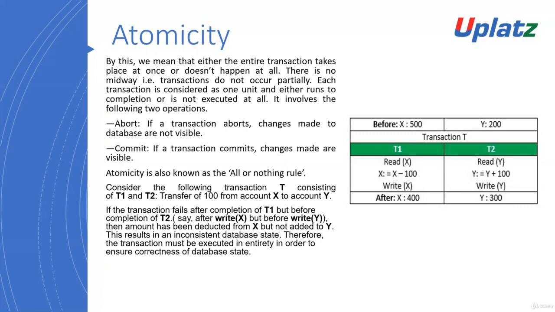So there are two ways: either complete the transaction, or don't start it, or just go back to the original state. By this, we mean that either the entire transaction takes place at once or doesn't happen at all. Let's say there are 5 transactions to be carried out, but there is some system failure after my third transaction. In this case, there are two things that can be done.